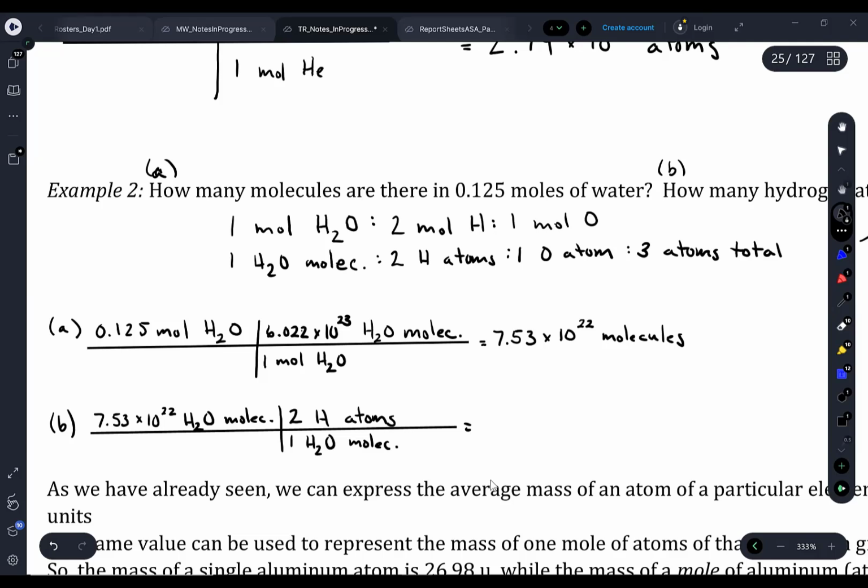Good. So just taking the last answer times 2 gives me 1.51 times 10 to the 23.